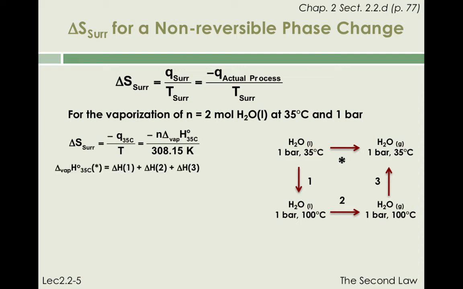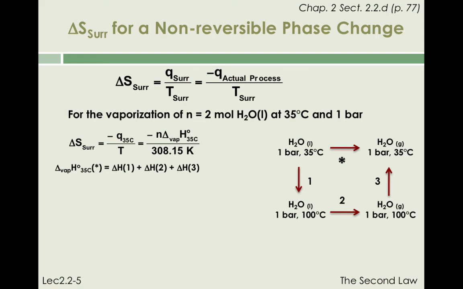The total change in enthalpy for the imaginary path 1 plus 2 plus 3 is the sum of the enthalpy changes: delta H for step 1 plus delta H for step 2 plus delta H for step 3.